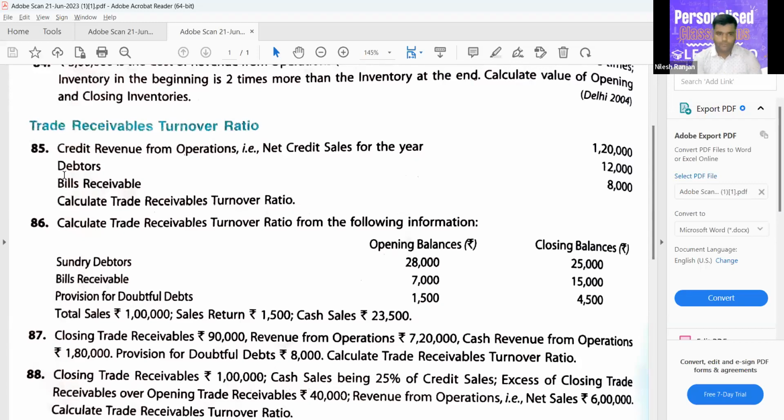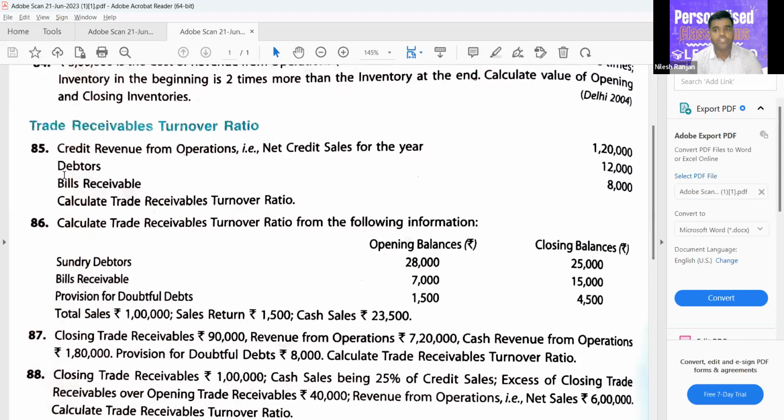So in question number 86, there is opening balance and closing balance of sundry debtors and bills receivable. In this question, you will add the opening balance of sundry debtors and bills receivable to calculate opening trade receivable, and you will add 25,000 and 15,000.